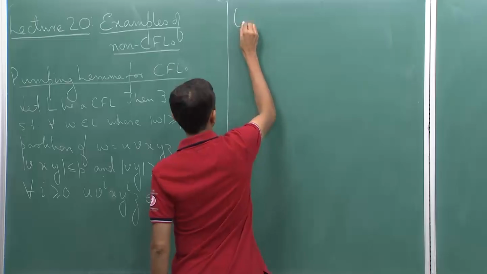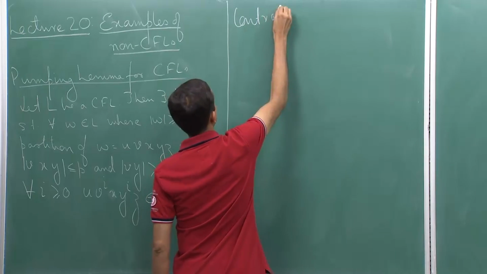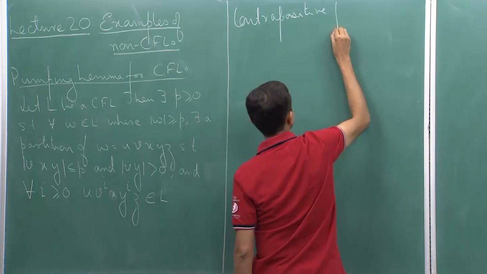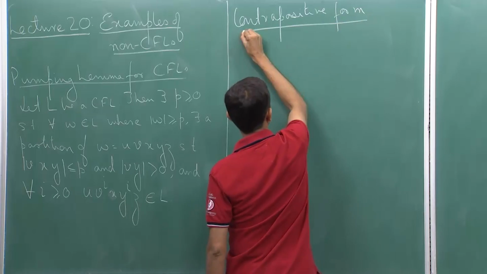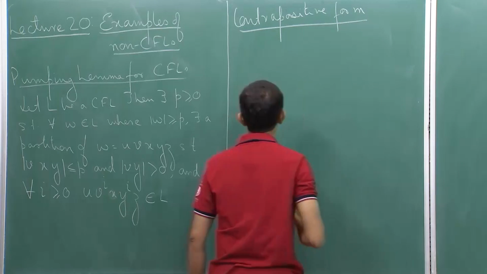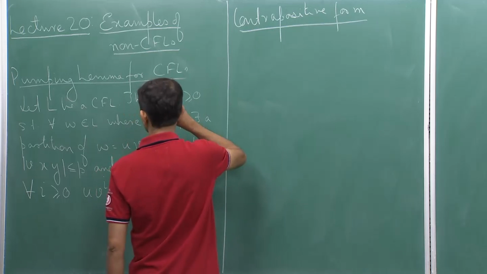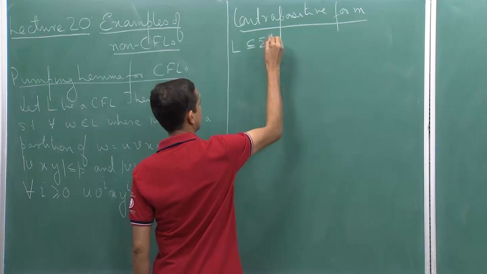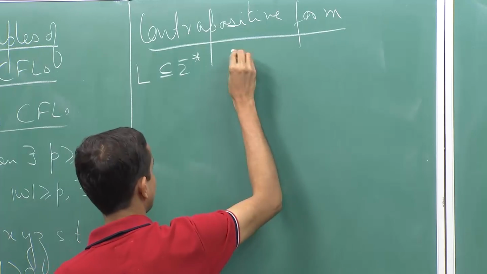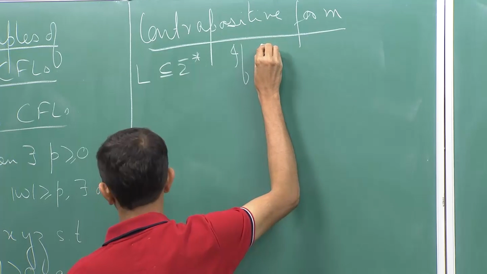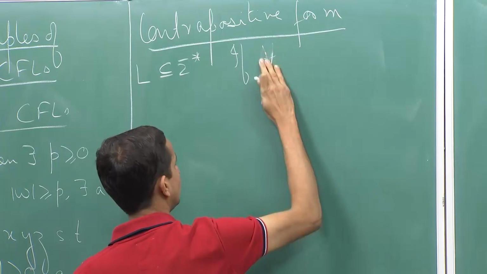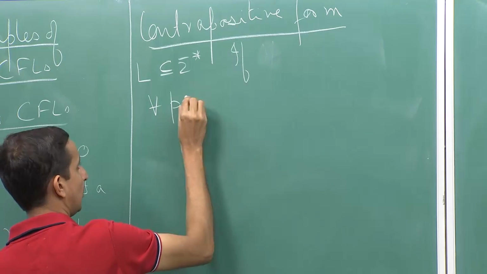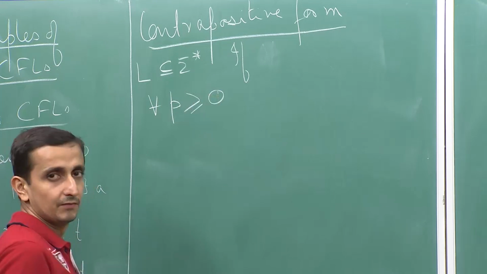So let us look at the contrapositive form. Okay. So, L is some language, if for all p greater than 0, okay.